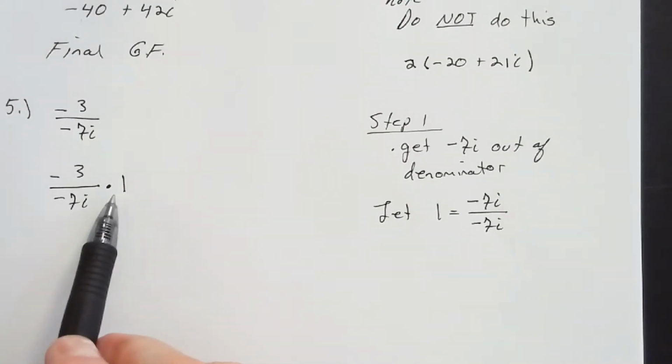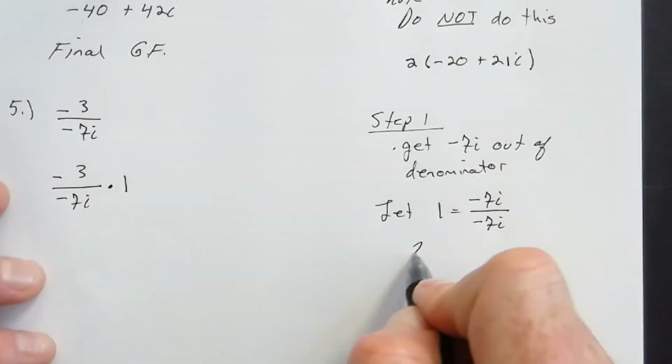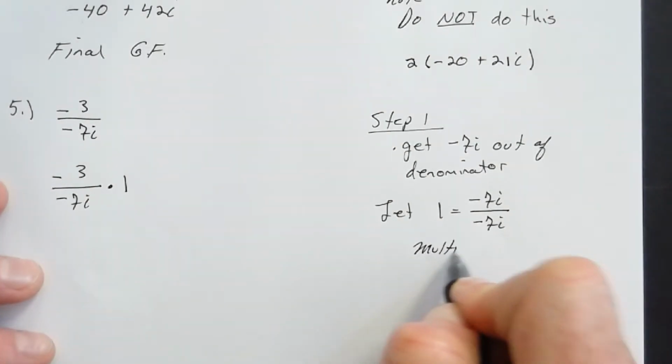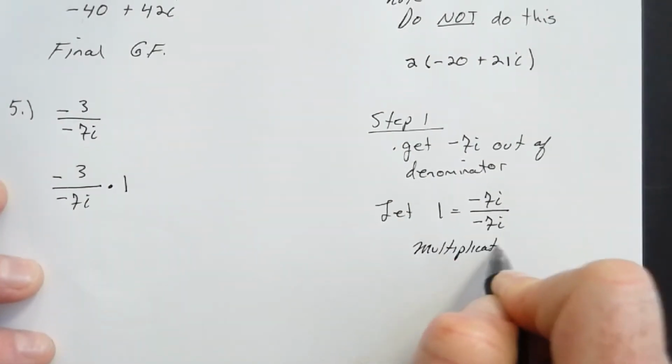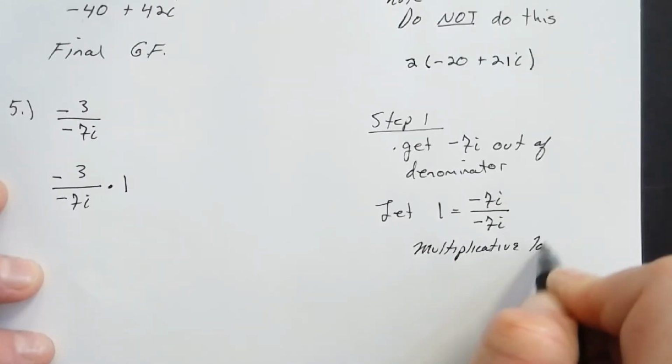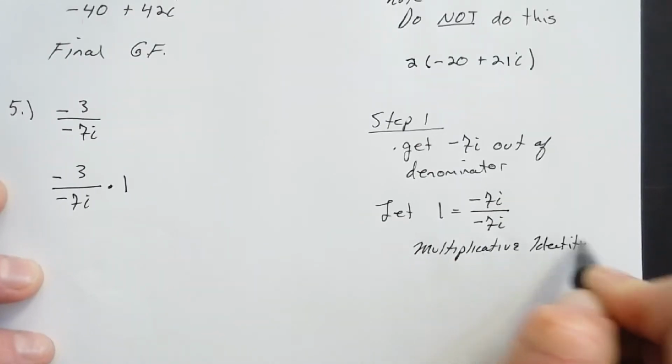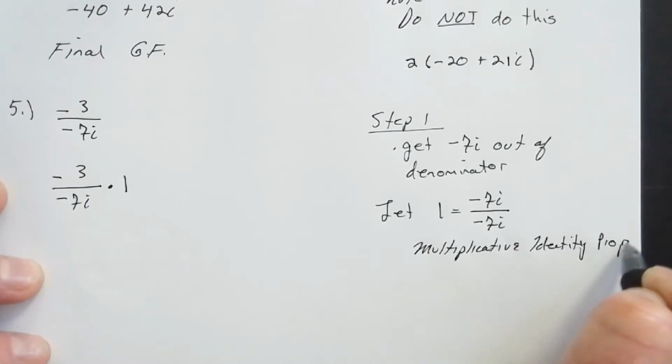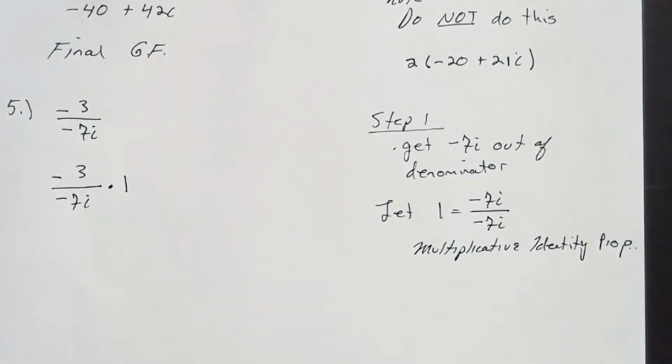This is what property of our 9 fundamental properties? It's the multiplicative identity property. I've said this before, and I'll say it again.